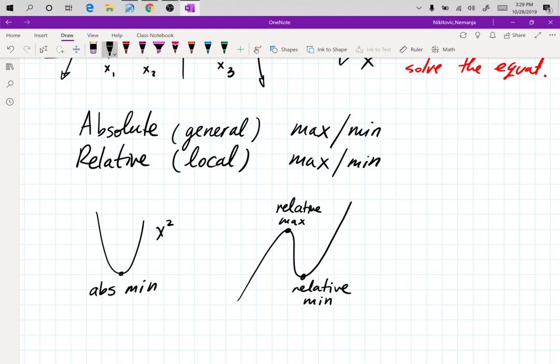Again, the reason why is you have lower points than the minimum, so it can't be absolute because it's not the absolutely lowest y of all y's in a domain.